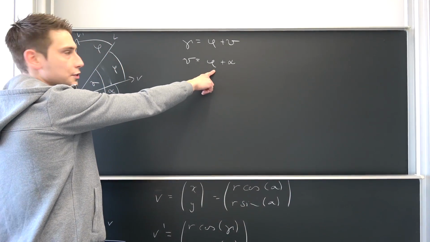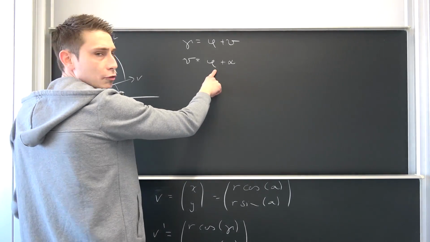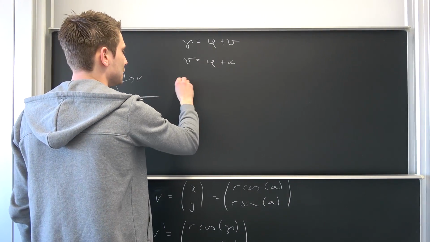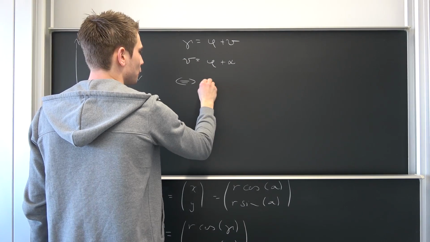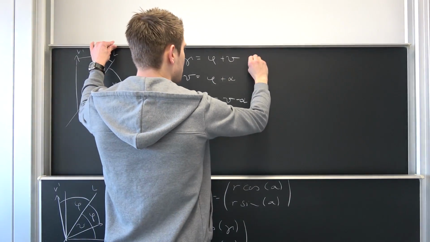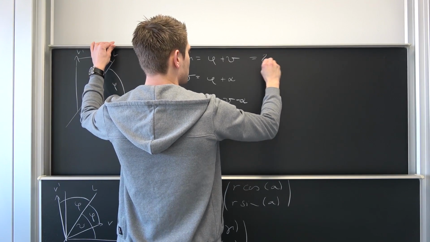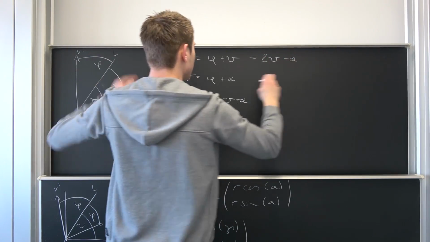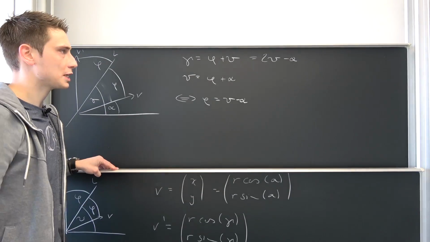So why not solve this for phi, so that we can substitute phi into here, meaning phi is nothing but theta minus alpha. We can substitute this value into here and get that 2 times theta minus alpha is nothing but gamma. Okay, that was actually quite easy.